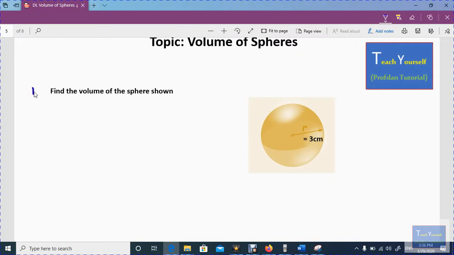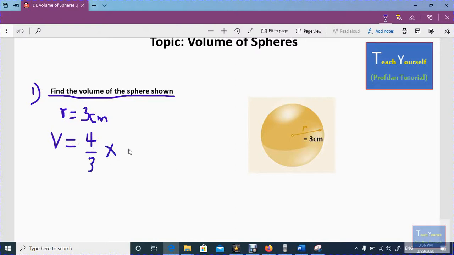In this first example, it says, find the volume of the sphere shown. This is a sphere. The radius of the sphere is given as 3 centimeters. So radius r equals 3 centimeters. To find the volume of the sphere, write out your volume formula, which is 4 over 3 times pi times radius cubed.